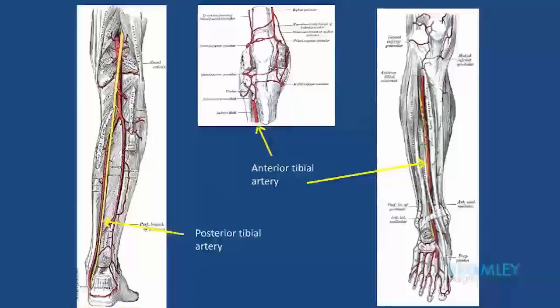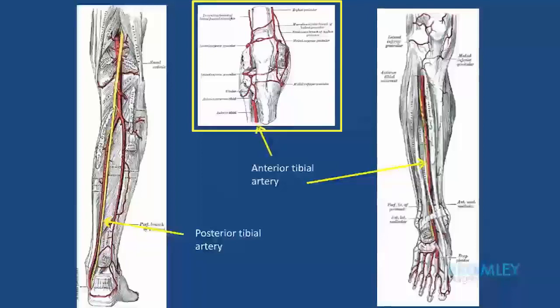If we go back up to the back of the knee and look again at that little branch going laterally in the middle of the knee and then perforating between the tibia and the fibula, and then we move our gaze to the second panel, we can see that artery arriving between the tibia and the fibula as the anterior tibial artery, and then immediately heading down the lower leg in front of the interosseous membrane.